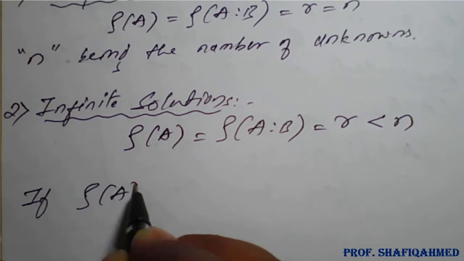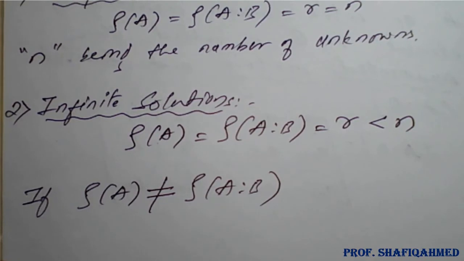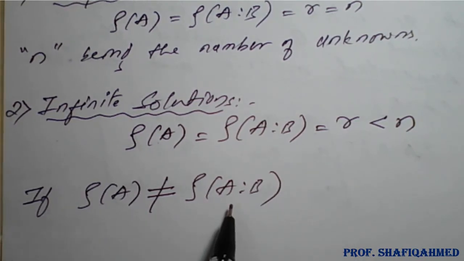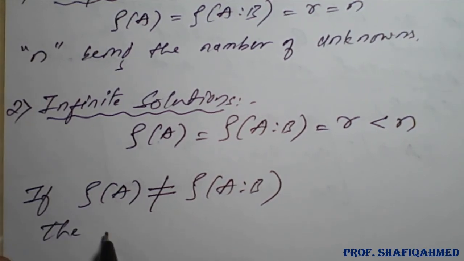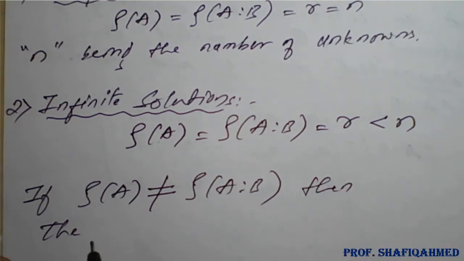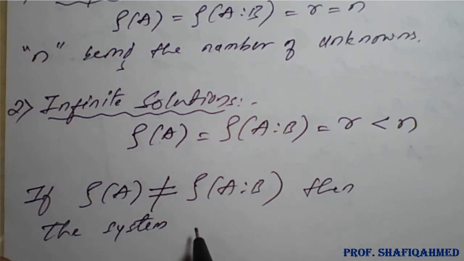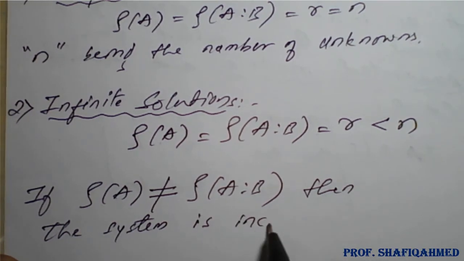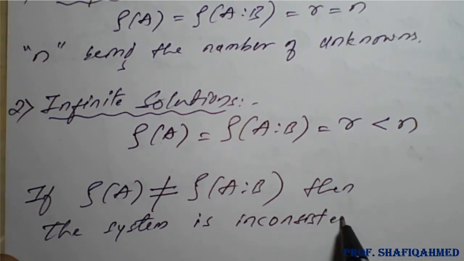If rank of A is not equal to rank of augmented matrix, if both the ranks are not the same, then the system of equations is inconsistent. Then the system is inconsistent.